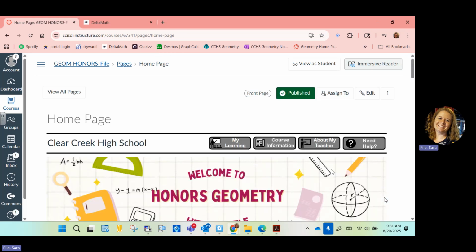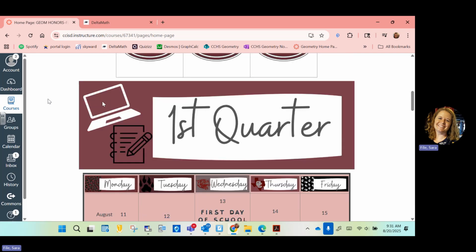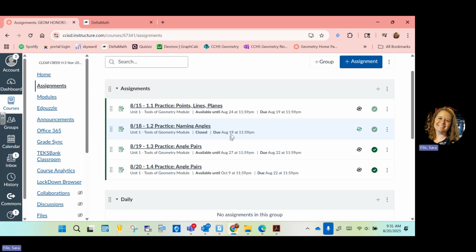So it should be linked in the calendar now. So you should be able to click and it'll take you directly to the practice, or you can navigate to Unit 1 or go directly to assignments navigation. Okay, it's right here. Okay, don't forget any of these past ones. If they're incomplete, you can finish those first. Okay. Any questions? Okay, use your notes, talk to your table mate, ask me questions if y'all get stuck.